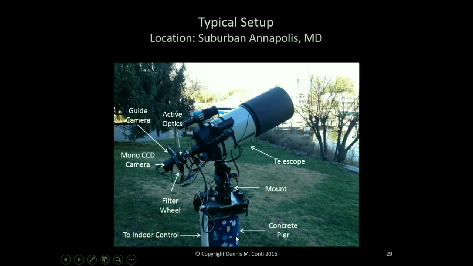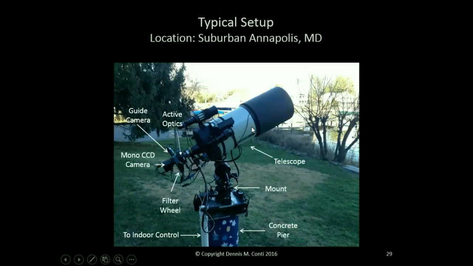It's mounted on a concrete pier so that there doesn't need to be polar alignment for every observing session. Some telescope setups are more portable, where they're not on a concrete pier. Some don't have quite the sophistication as this does. Some may not have an active optics unit, for example.